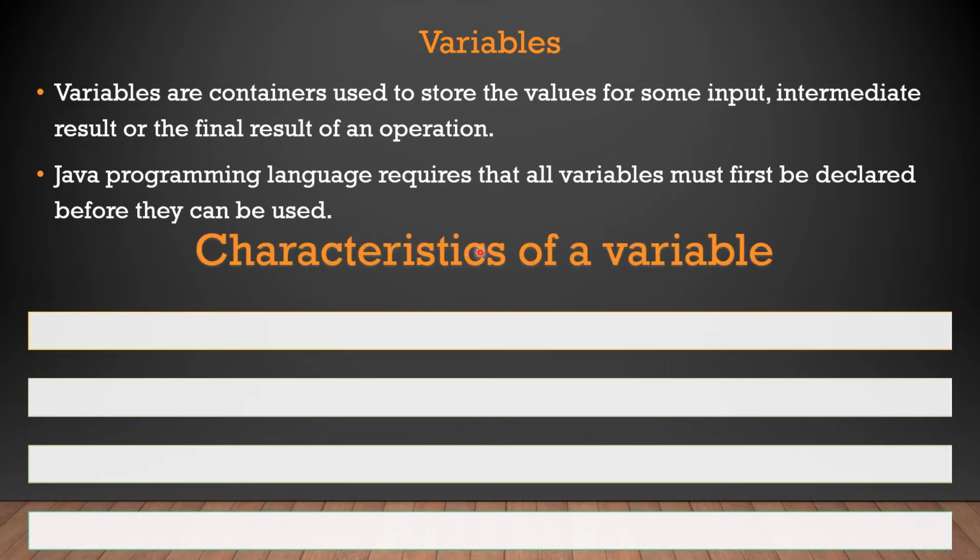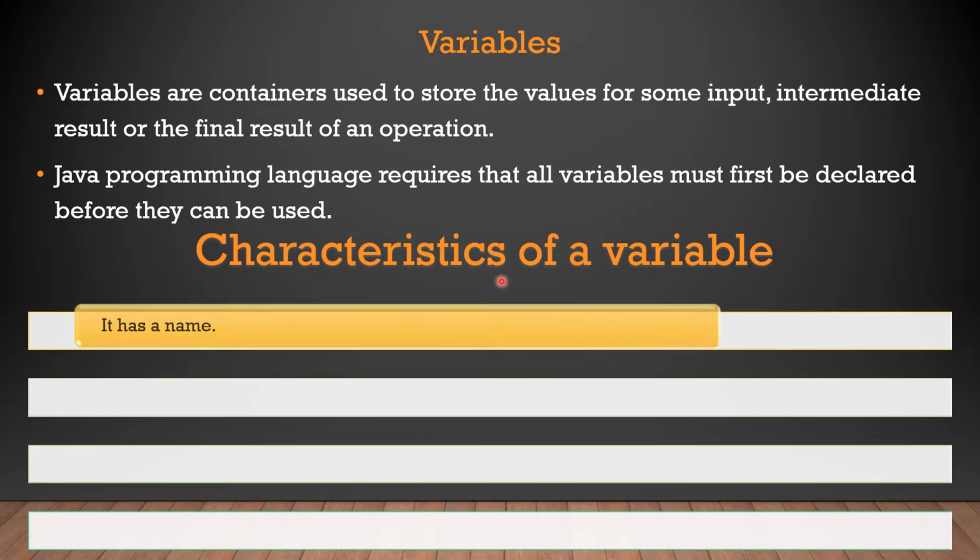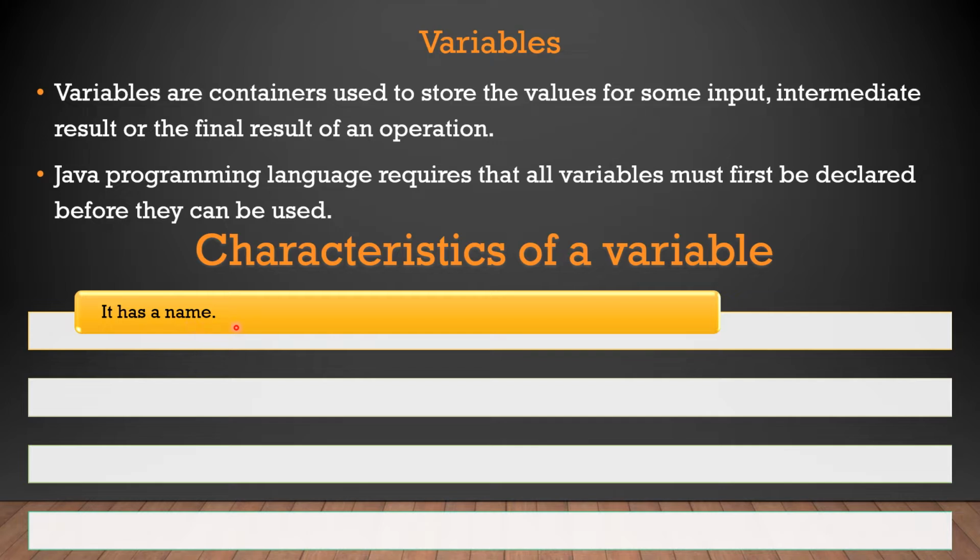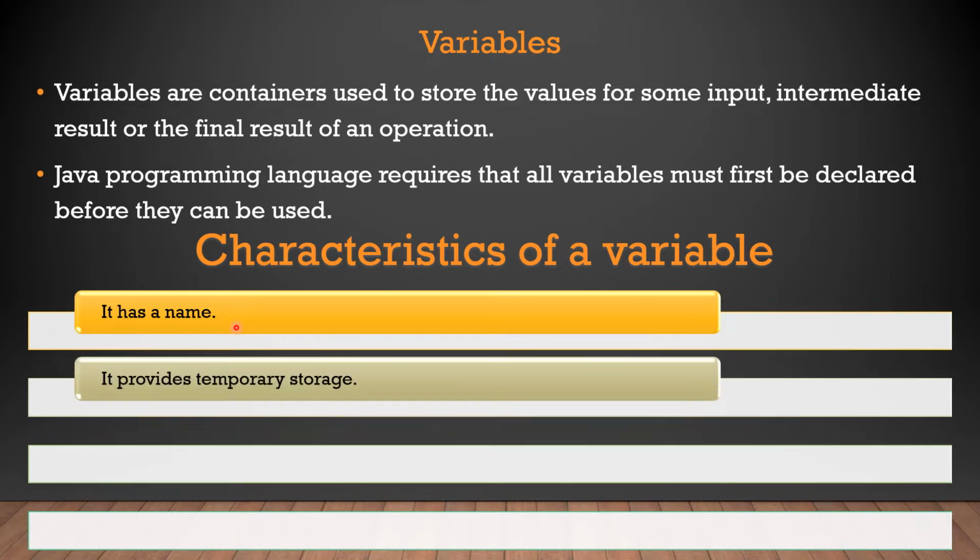Now let us study about some of the characteristics of variable. First is it has a name. Of course, if there is a variable, it must have a name to denote it, so that we must know what is the name of the variable so that we can use it anywhere. It provides temporary storage.